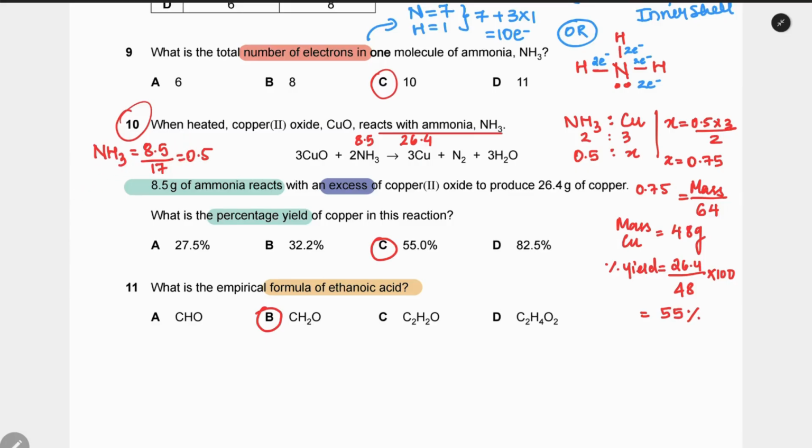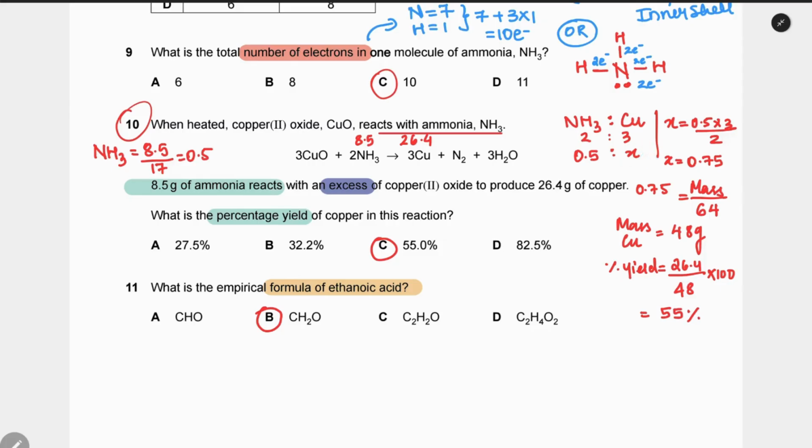Here NH3, which is ammonia, is 8.5 mass divided by molar mass 17, and you get the answer as 0.5 mole. We have the mole ratio of 2 to 3, ammonia to copper, and for ammonia we have 0.5. So for copper it will be how much?